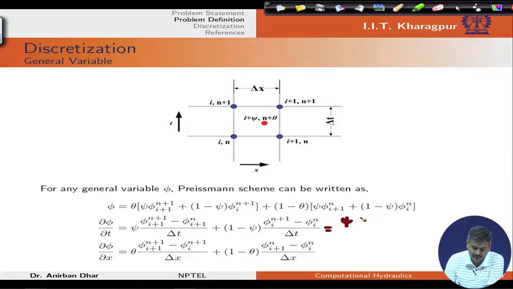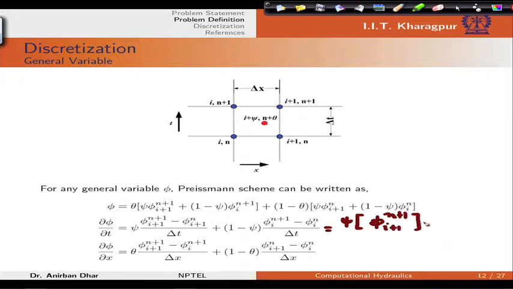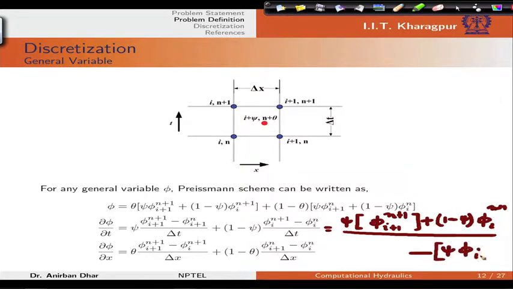Combination is psi into our phi i plus 1 n plus 1 plus 1 minus psi into phi i n plus 1, this quantity minus we have psi into phi i plus 1 n and plus 1 minus psi into phi i n.